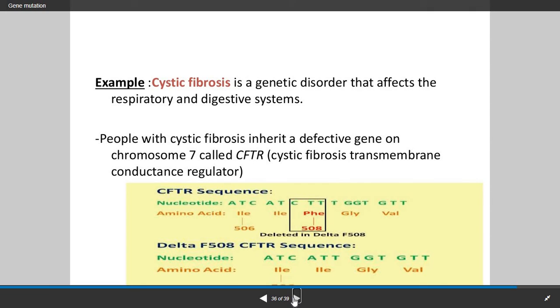An example of this deletion gene mutation is cystic fibrosis, which is a genetic disorder that affects the respiratory and digestive system. People with cystic fibrosis inherit a defective gene on chromosome 7 called CFTR, that is cystic fibrosis transmembrane conductance regulator, and this is the particular sequence that is shown.